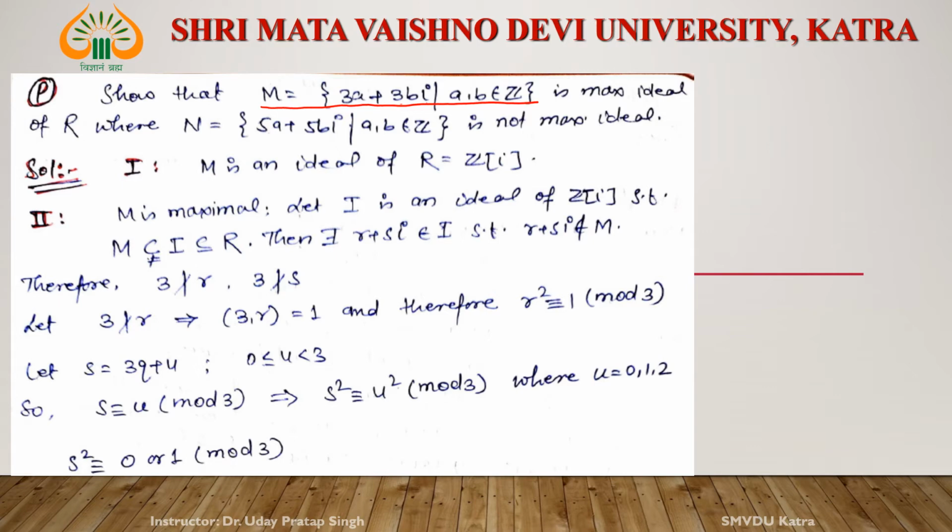But N equal to 5A + 5BI is not a maximal ideal. So let us see first that M is maximal.